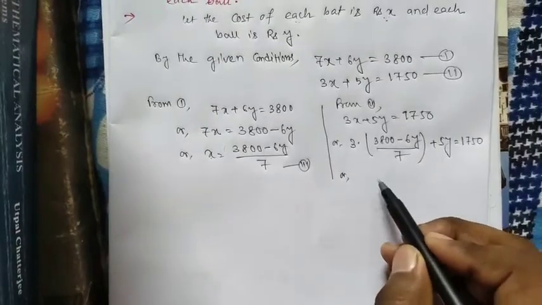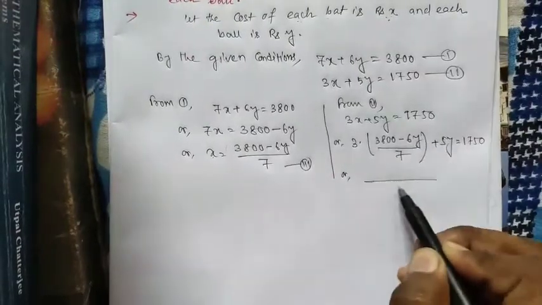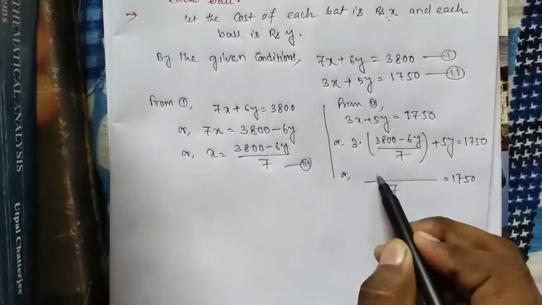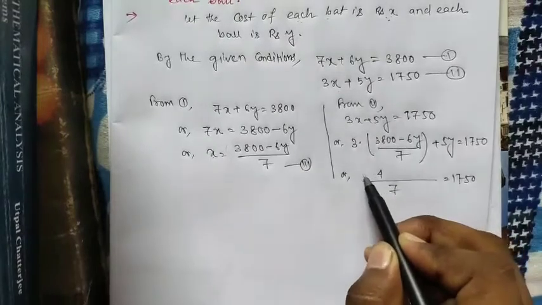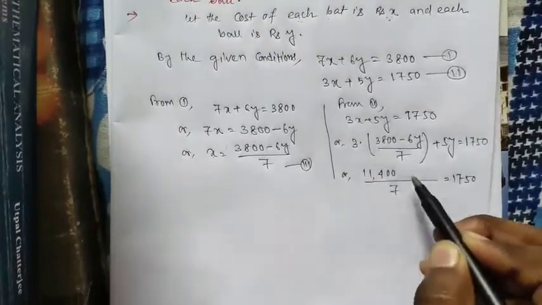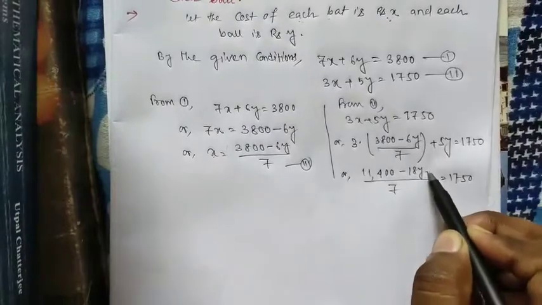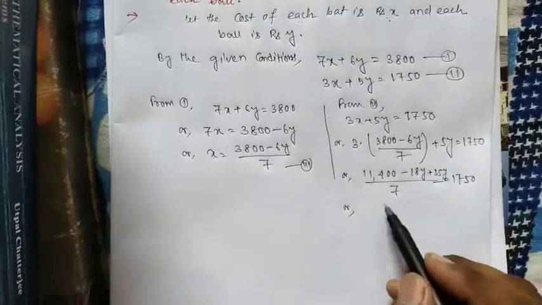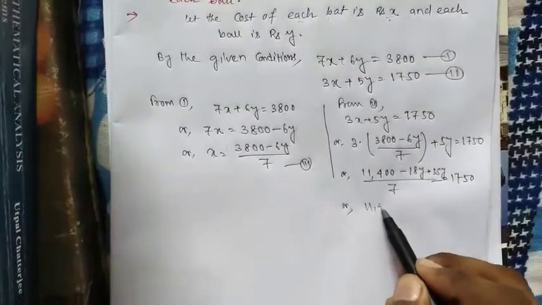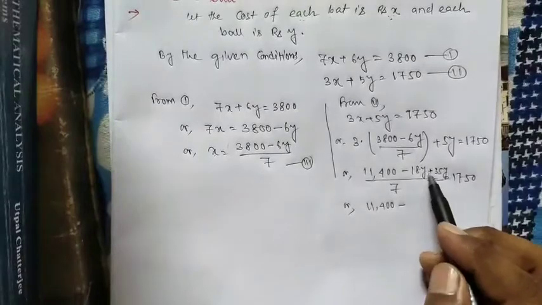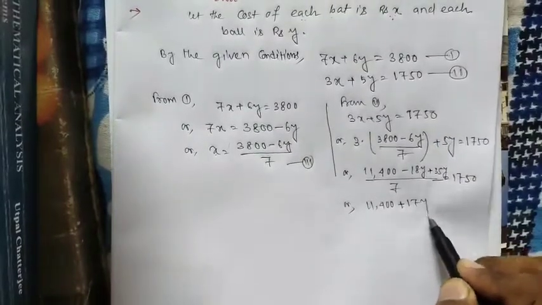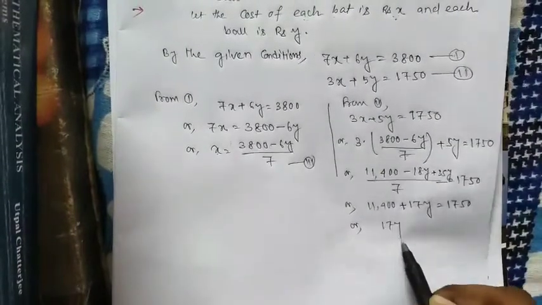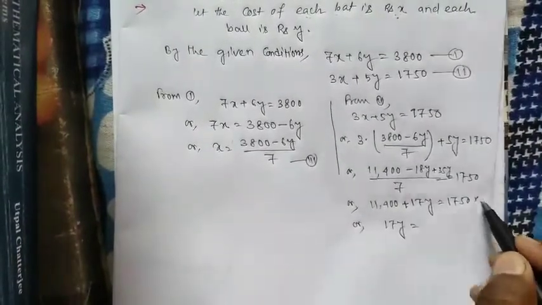Then find the LCM 7, that is 1750, and this will be 11,400 minus 18y plus 35y equals 12,250, or 11,400 minus 18y plus 35y, that is plus 17y, equals 1750 into 7.